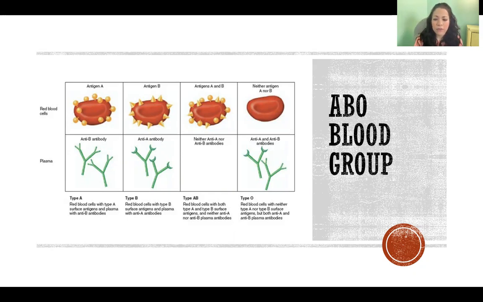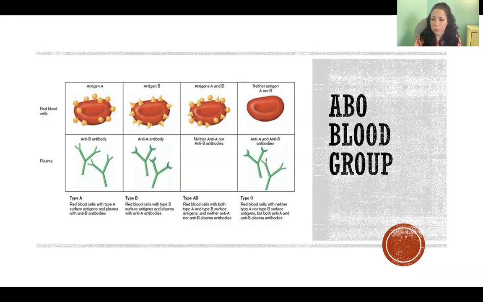Okay, so if we have type A blood, meaning that we have type A antigens on our blood, then we don't want antibodies that will kill type A blood cells, because that would mean that we destroy our blood cells and we wouldn't survive that. So if you have type A blood, that means you have anti-B antibodies, because we don't have B antigens on the blood cells if you have type A blood. So you develop anti-B antibodies.